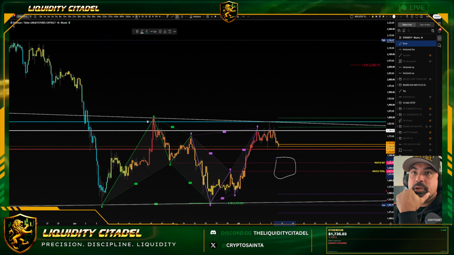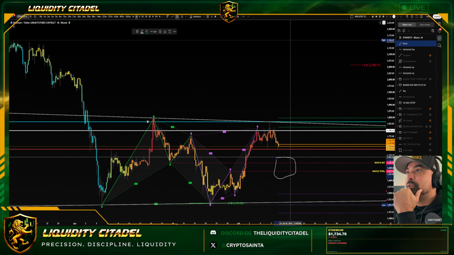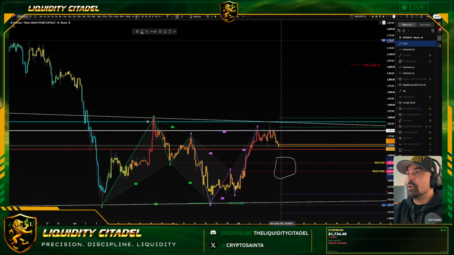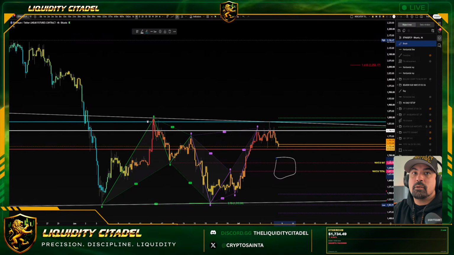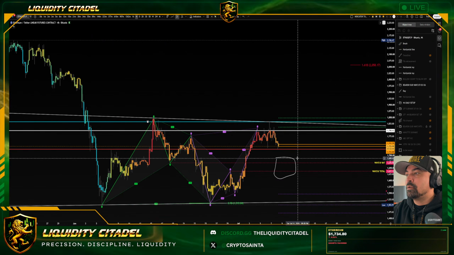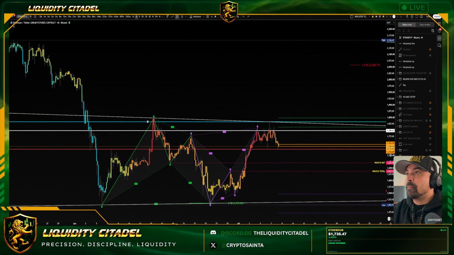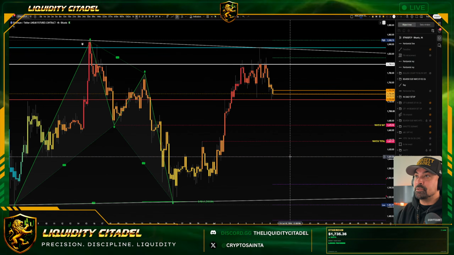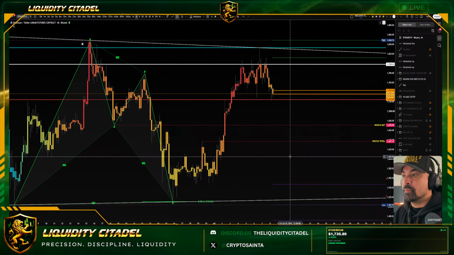First, 15 and 5 minute messing around with it. Okay, yeah, I respect it. And so now we're testing. That's a very small range. This is a small range. Me personally, I don't like small ranges. It's not a big preference for me.